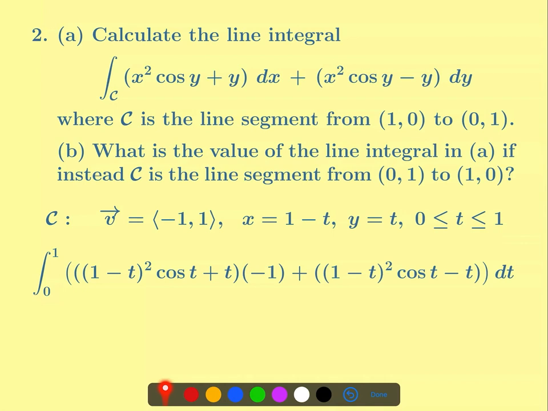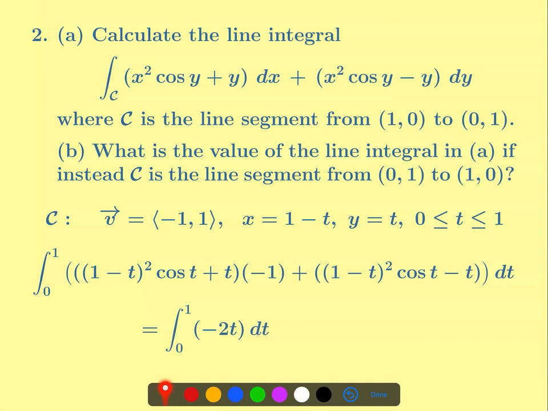We just want to integrate this. And notice the (1 minus t) squared cosine of t is being multiplied by negative 1, and the (1 minus t) squared cosine of t is just there, plus 1. So these will cancel. Then we have a minus t and a minus t here, so we have a minus 2t.